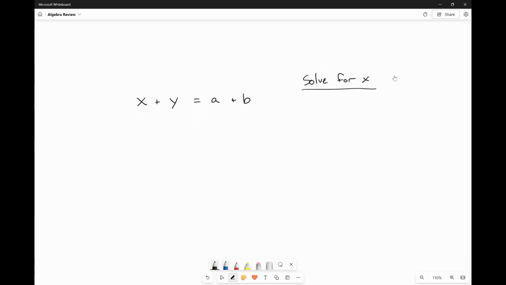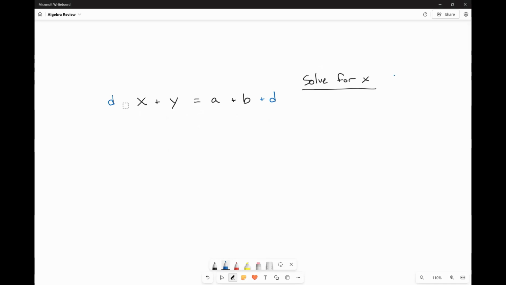So one tool is that whenever we have an equation, we can always add the same thing to both sides. I could add, for example, d to both sides of an equation. I can always add the same thing to both sides.